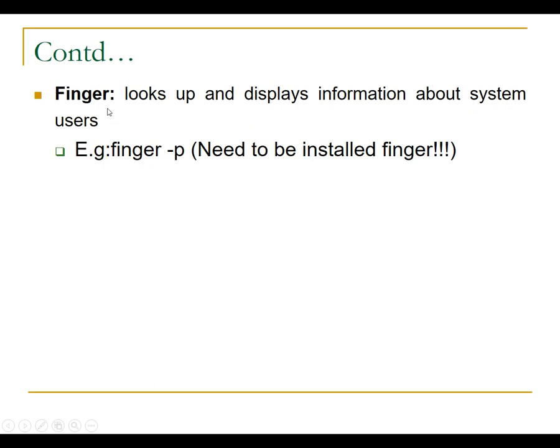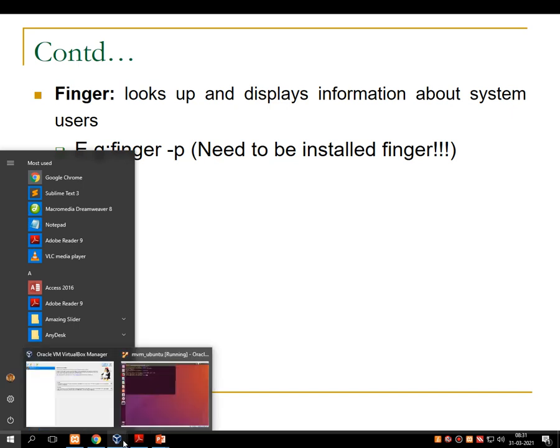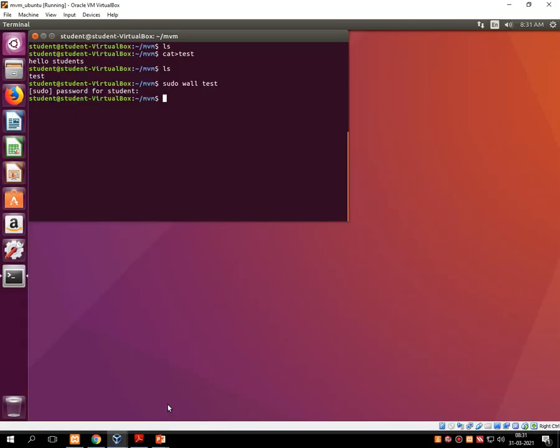Next is finger. This particular command is used to display information about the system users who have accessed it. For example, the command is like this: finger -p. Press enter.